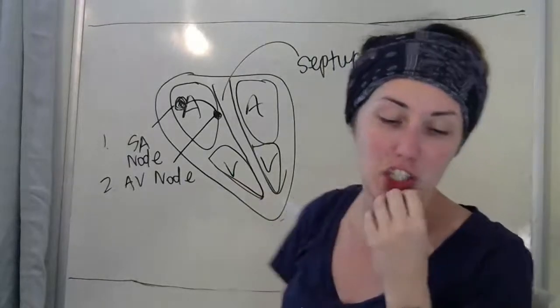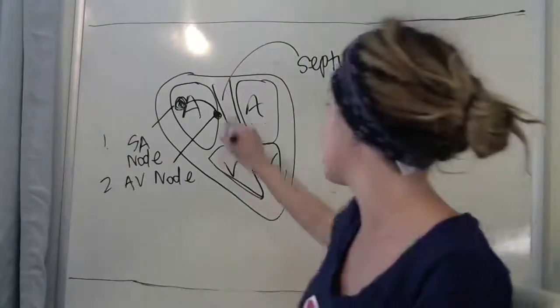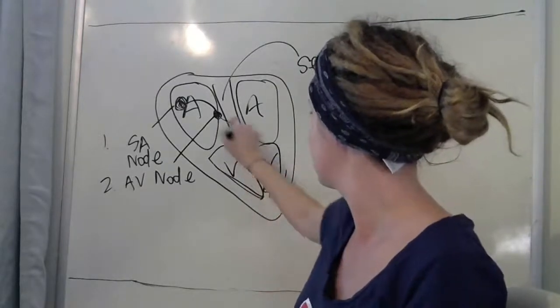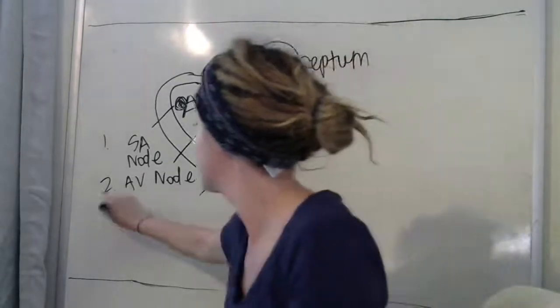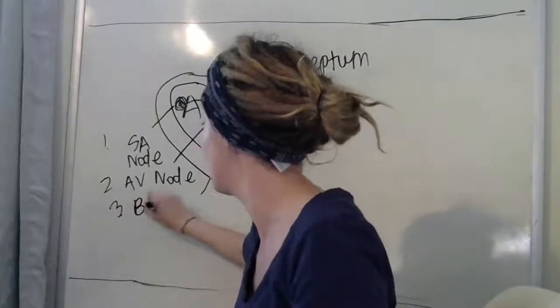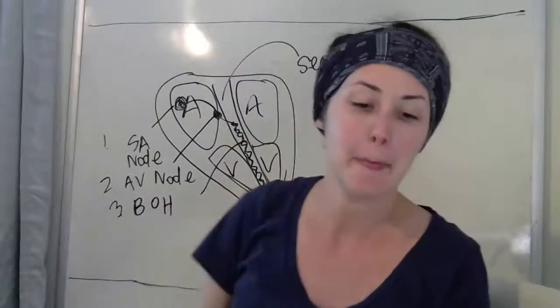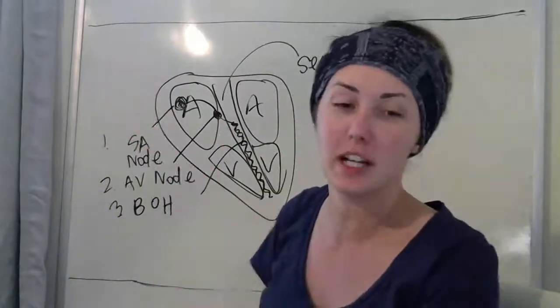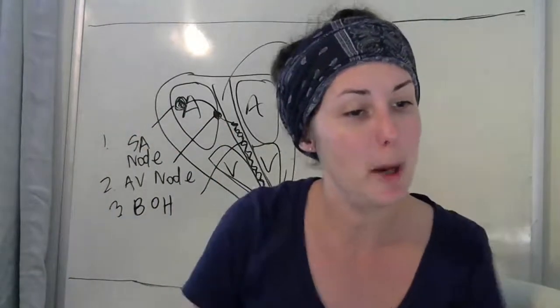So the next thing you're going to see is your bundle of His, and this is going to be right here. This is your third step, the bundle of His. Then you're literally just branching off from that.